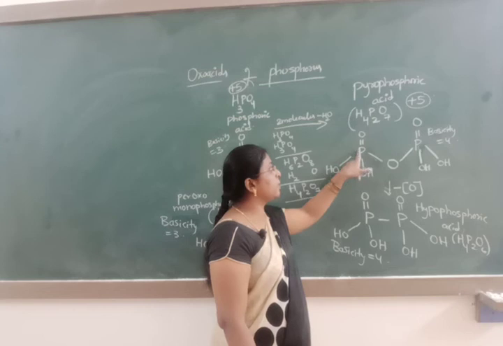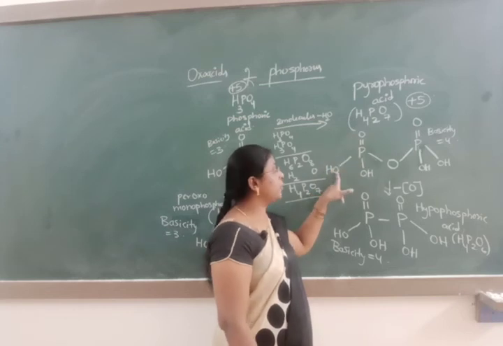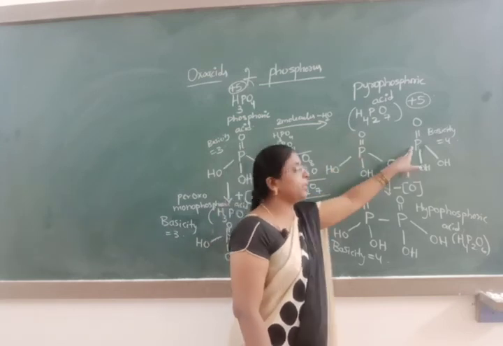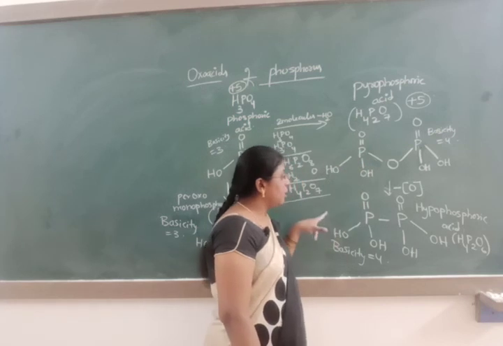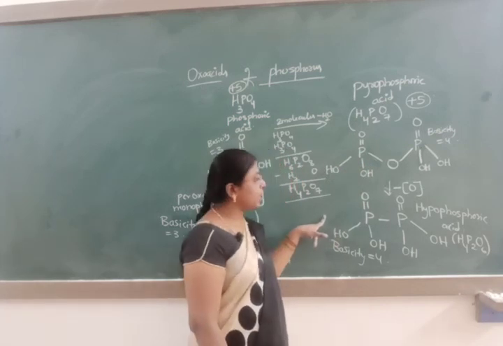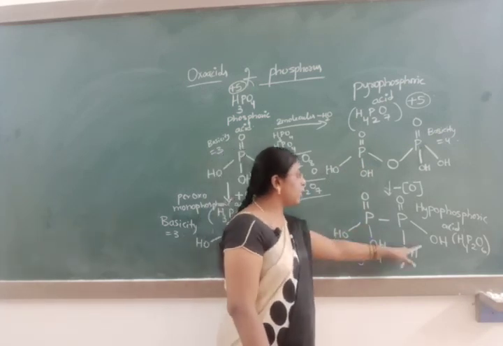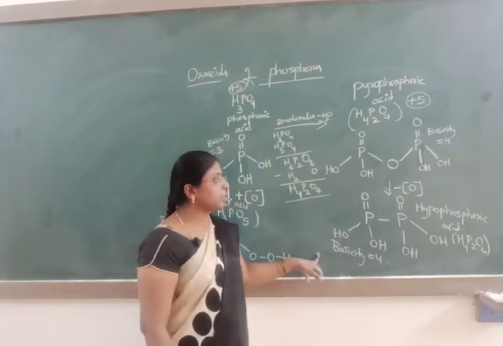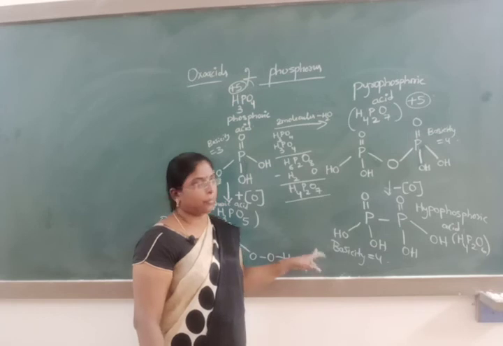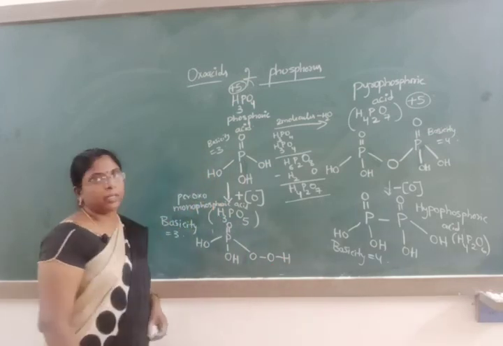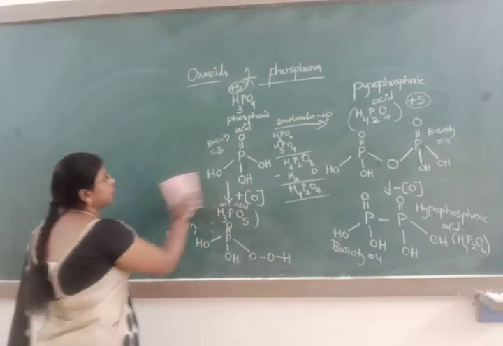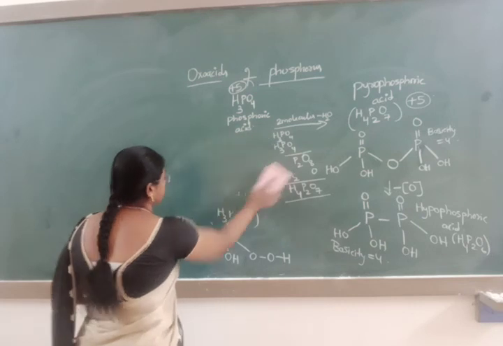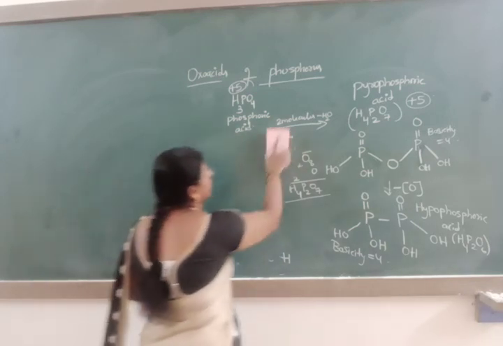Pyrophosphoric acid has 2 PO bonds, 4 POH bonds and 1 POP bond. Hypophosphoric acid has 2 PO bonds and 4 POH bonds. Here its basicity is equal to 4. You can even calculate the oxidation state as shown before. Done.